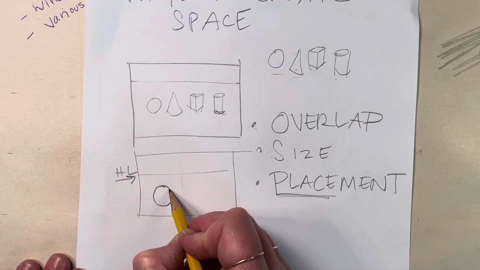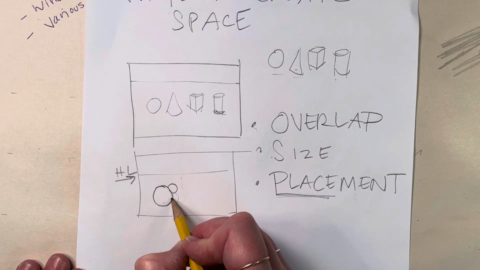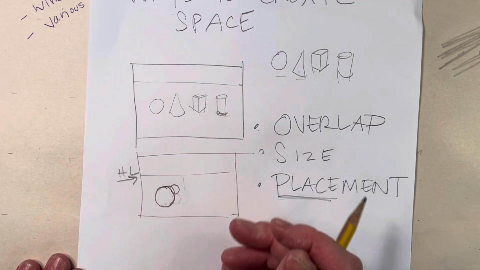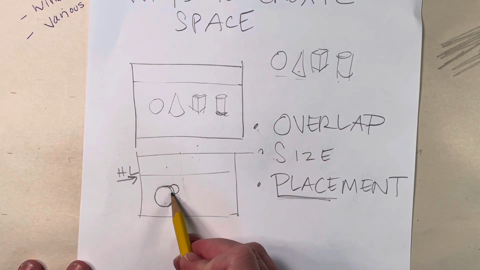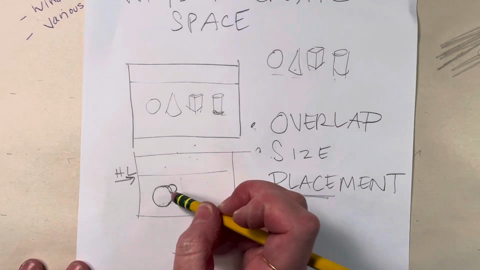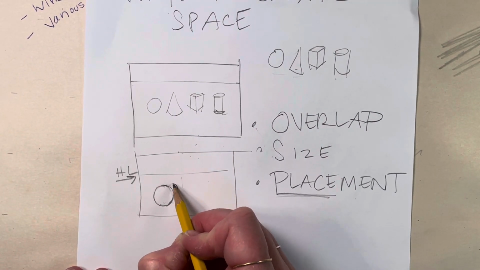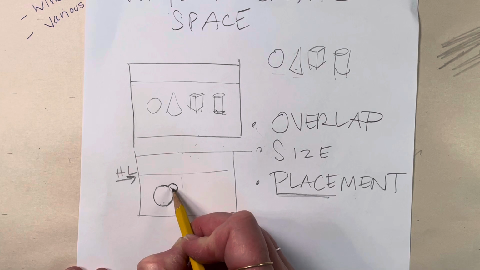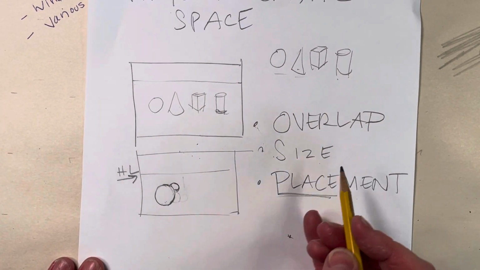If I place him closer to the horizon line, and he's being overlapped, and I made that one bigger, now he looks like he's farther away. What I usually do is use a compass and then just don't draw the whole thing.